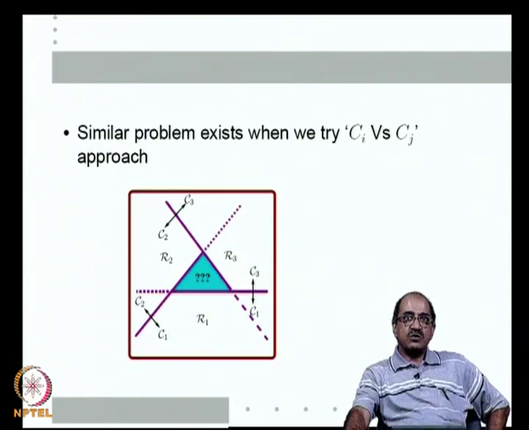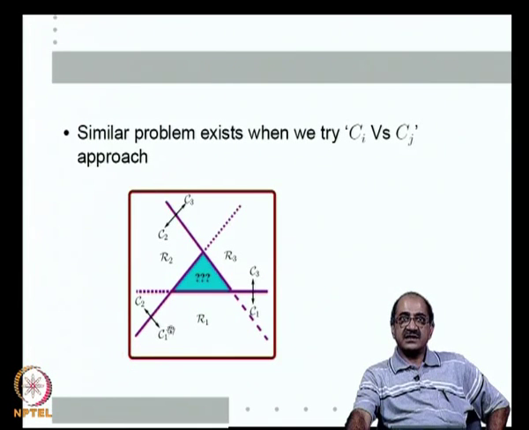The same thing happens when we do Ci versus Cj. I have 3 classes here, C1 versus C2, C1 versus C3 and C2 versus C3. Depending on what kind of hyperplanes are learned, it is always possible to have a region in the feature space where the C1 versus C2 classifier may say C1, the C3 versus C1 classifier may say C3 and the C2 versus C3 classifier may say C2.